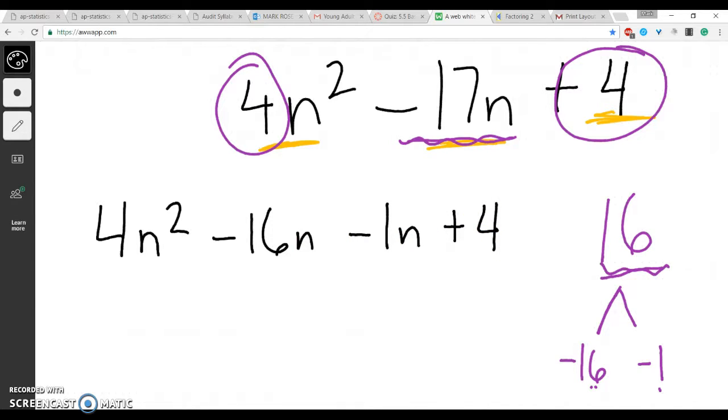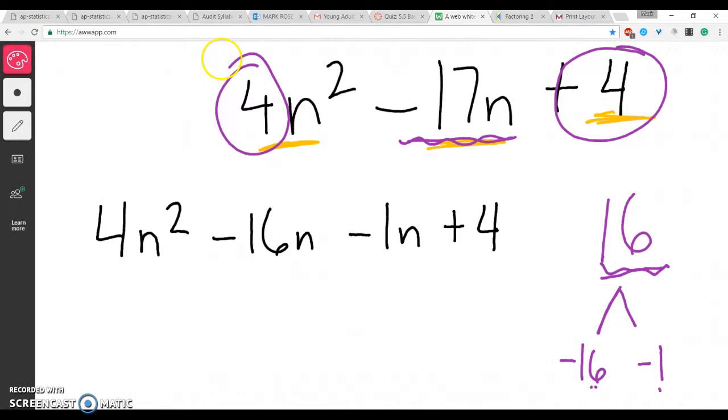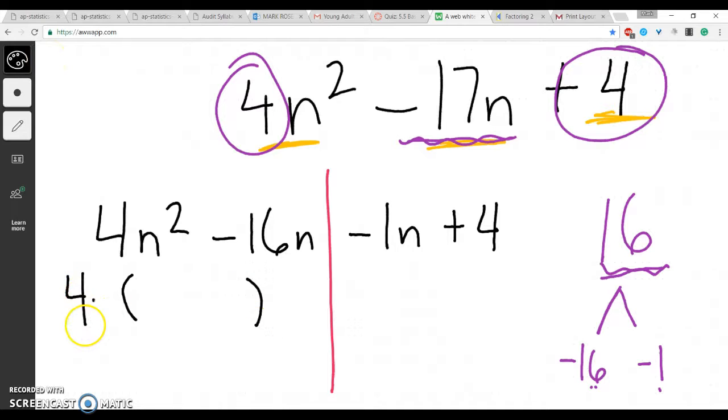Okay. After I've rewritten this, let's split this thing in half. And let's factor. So this one, I can factor out a 4n. I'll be left with n minus 4. And in this side, I can factor out a -1.